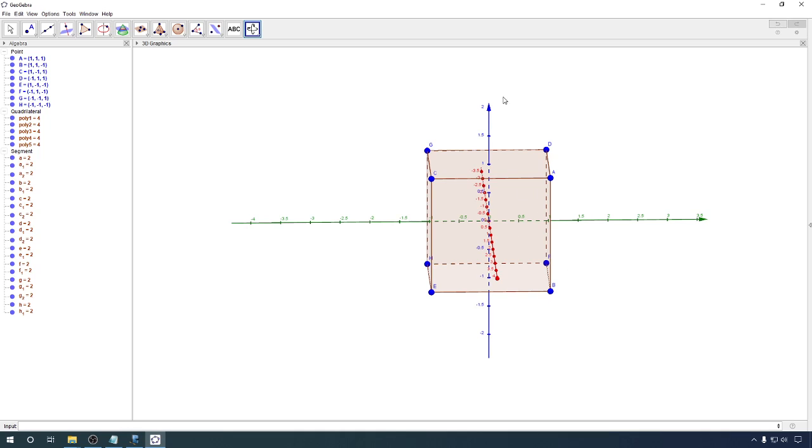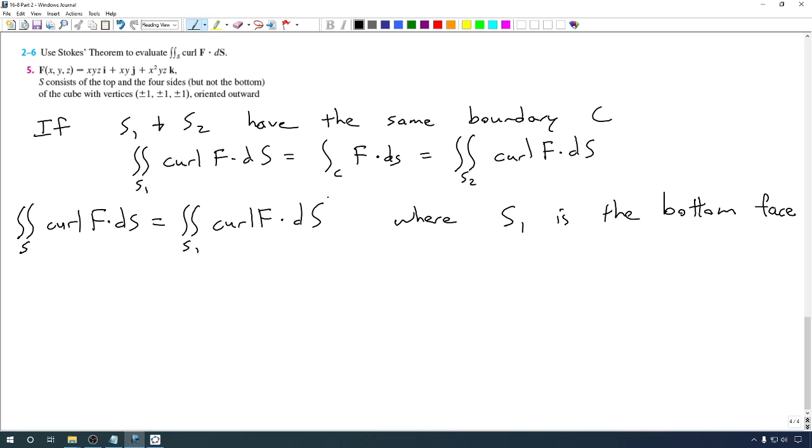So as long as we're taking that upward orientation, that means our boundary is being followed in a counterclockwise direction. That means on this bottom face, we're still going to have to keep that same orientation on the boundary, which means that we need to take the upward orientation still. Otherwise, this would not be equal.